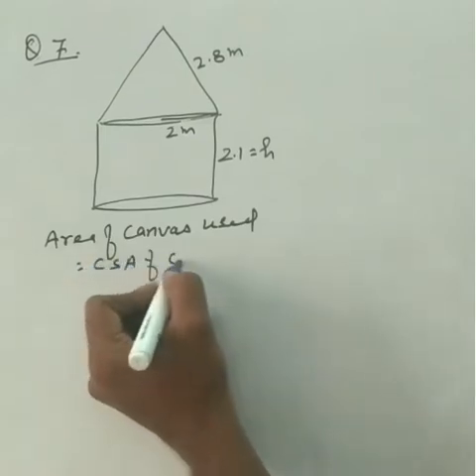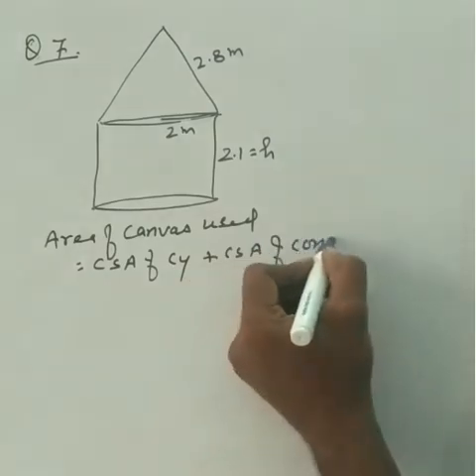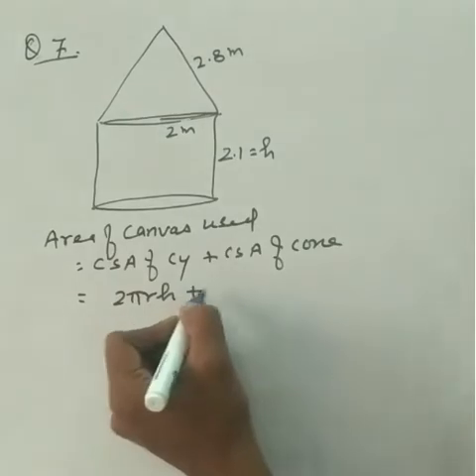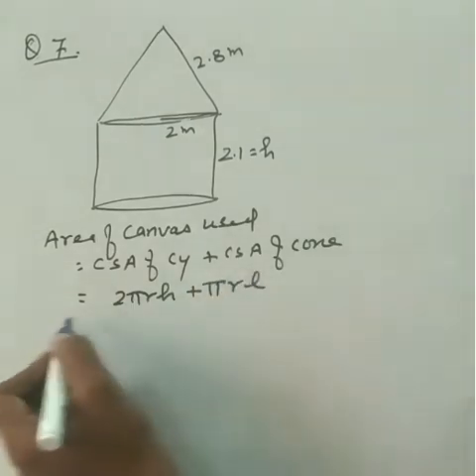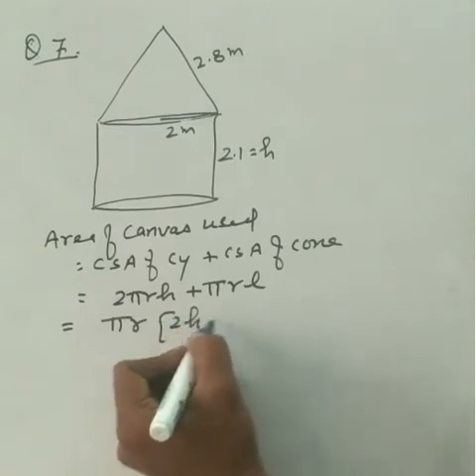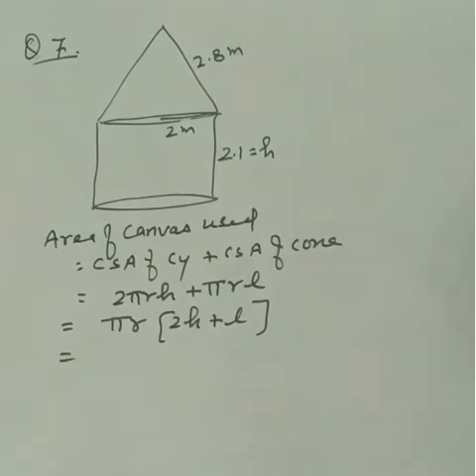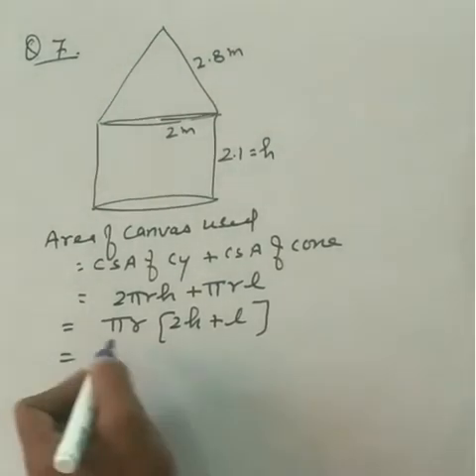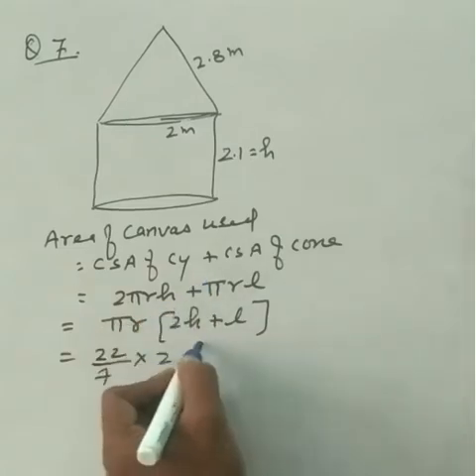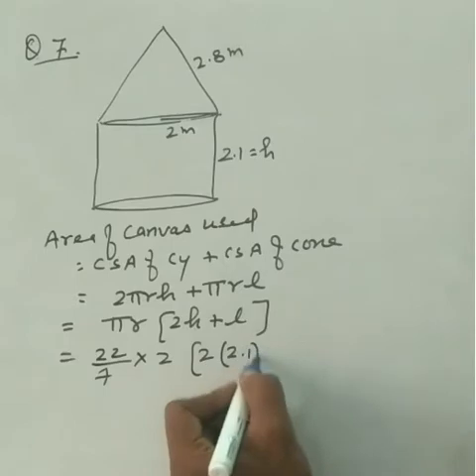CSA of cylinder plus CSA of cone. 2 pi RH plus pi RL. Pi and R common, 2H plus L. Pi, here pi is 22 by 7. R is given 2. 2 into H, H is 2.1.